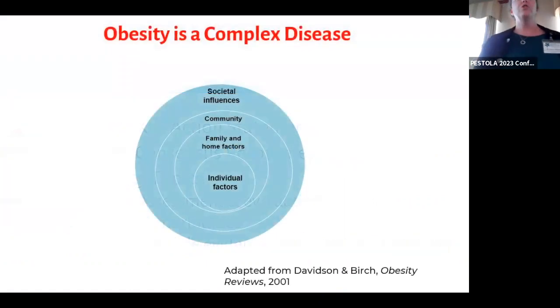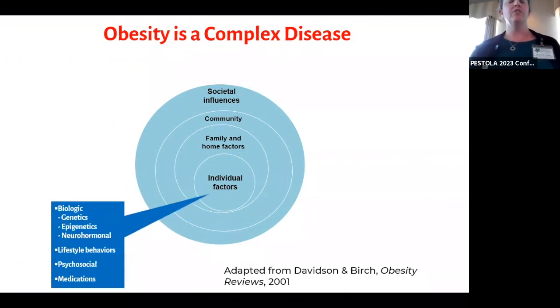So one central theme throughout the CPG is that obesity is a complex disease. And while this is my only slide that's not from the AAP CPG, I include it because the CPG has a strong focus on etiologies at multiple levels, which affect a child's risk for obesity.